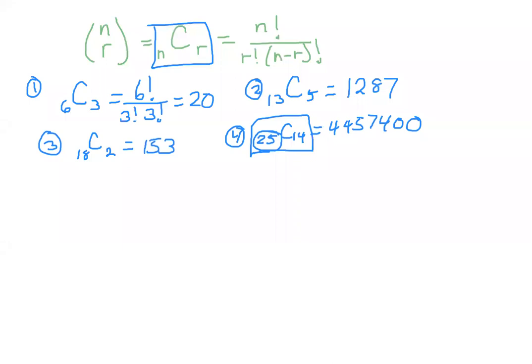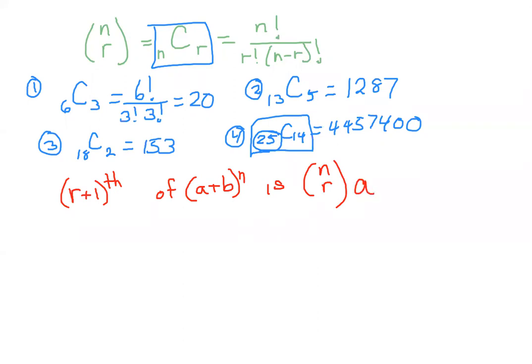So if we look at the next part, it says the r plus 1 term in the binomial expansion of a plus b to the n is the combination of n things taken r at a time, and then a to the n minus r and b to the r.